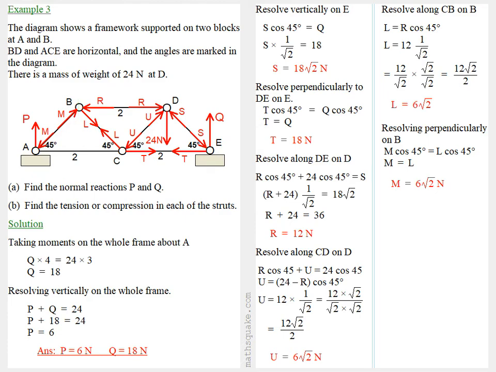Now we can mark in the forces along AC, which we'll assume a tension, and label them N. Now if we resolve along CA on A, we have N is equal to M cos 45, but M is 6 root 2 and cos 45 is 1 over root 2. So N is equal to 6 root 2 times 1 over root 2, which is equal to 6. So we have N is equal to 6 newtons.